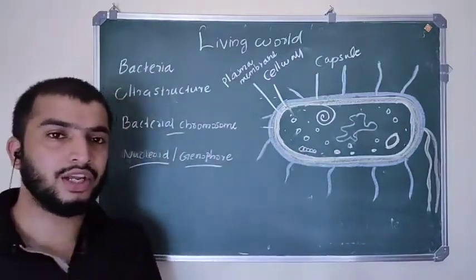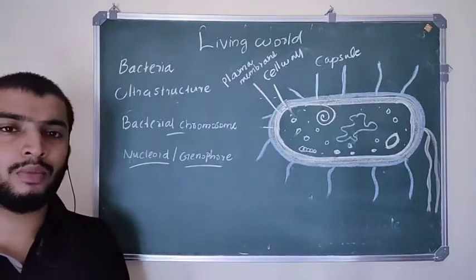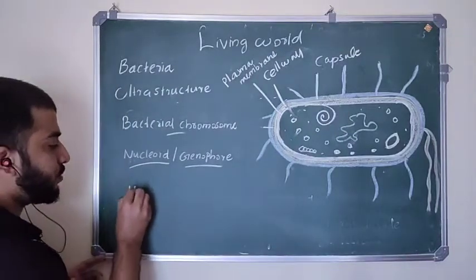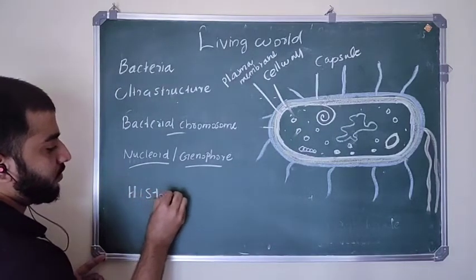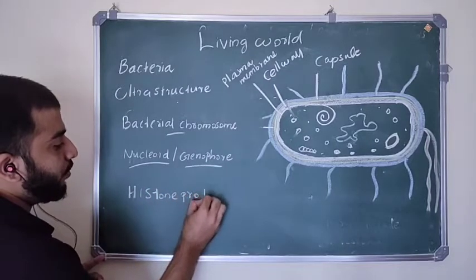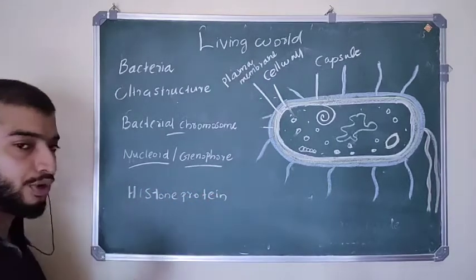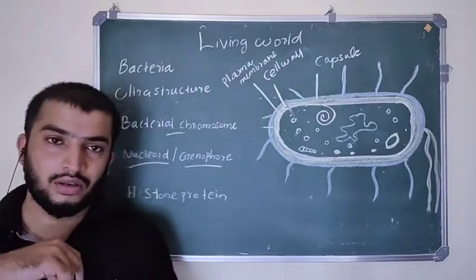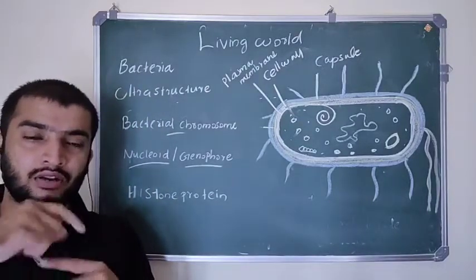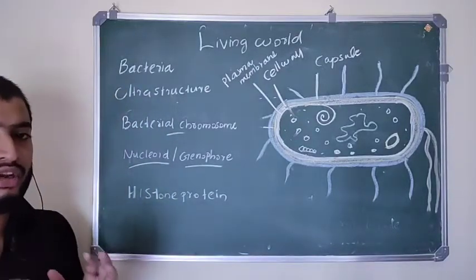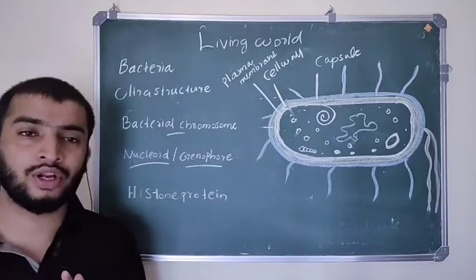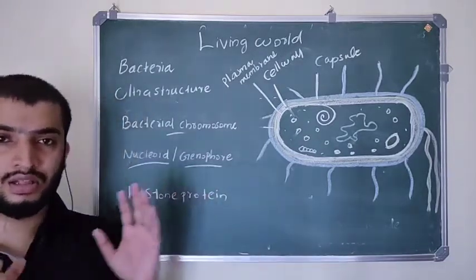And this bacterial DNA is not bound by histone proteins. In a normal eukaryotic organism, histone proteins are present, on which the DNA fragments are wrapped. Such histone proteins are not present in the bacterial cell.